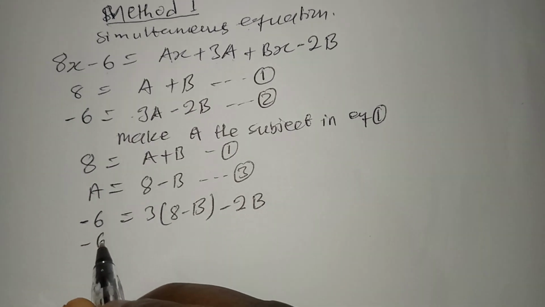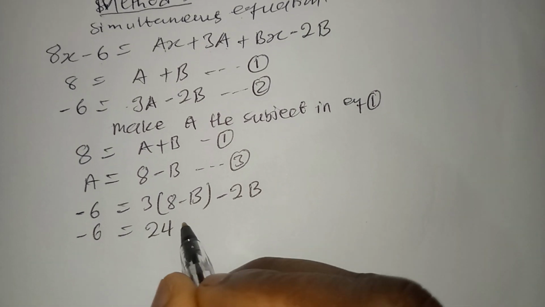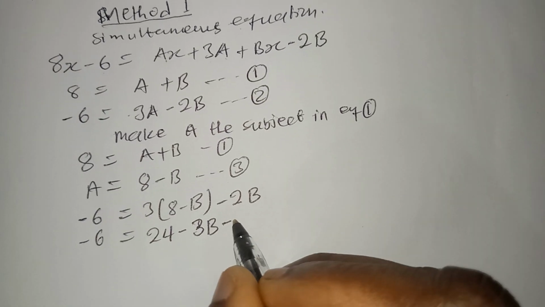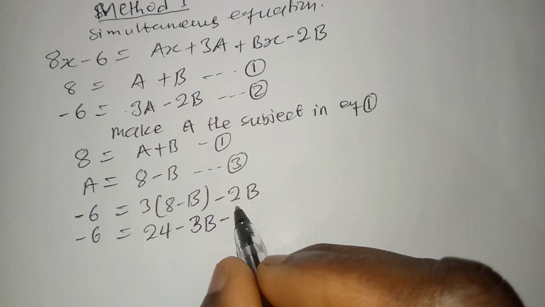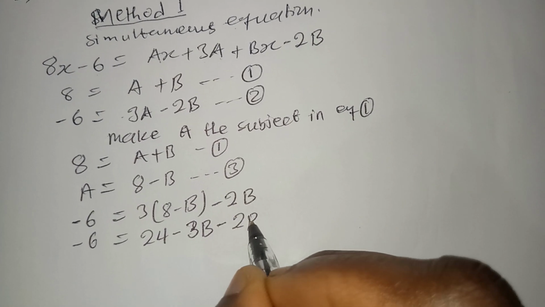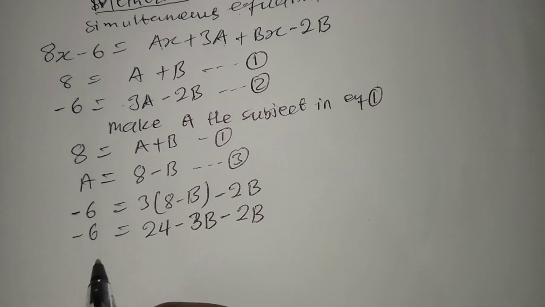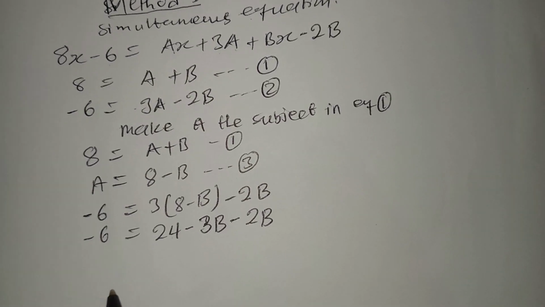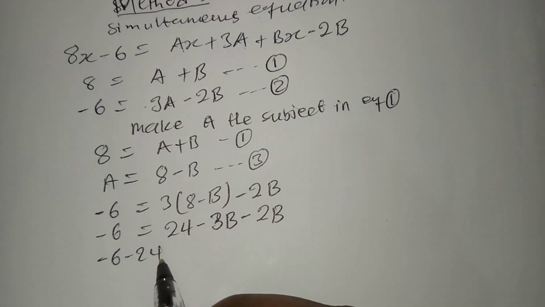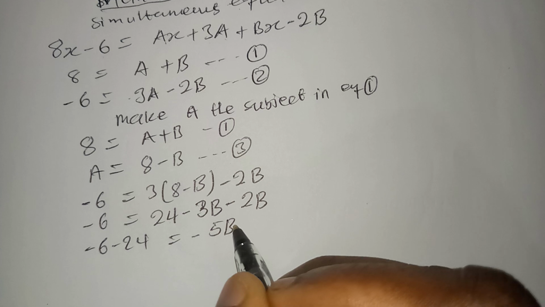So we have negative 6 equal to 24 minus 3B minus 2B. Now we group like terms. Transposing, we have minus 6 minus 24 equal to minus 5B.